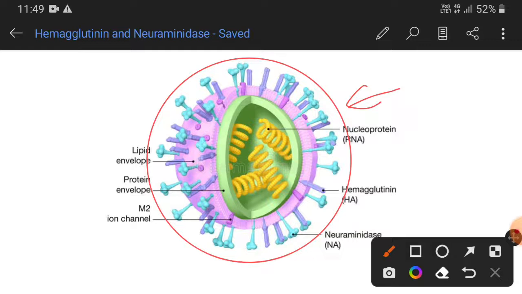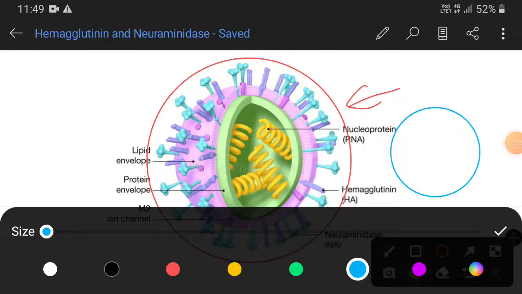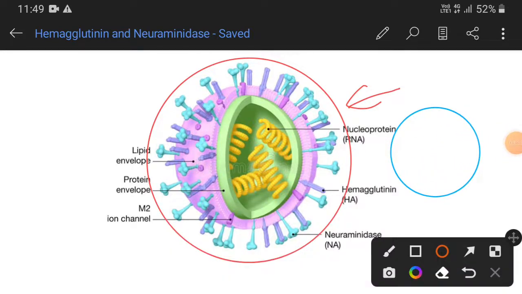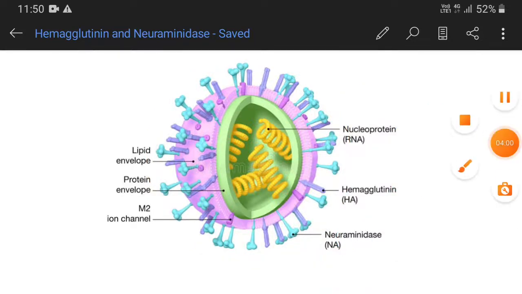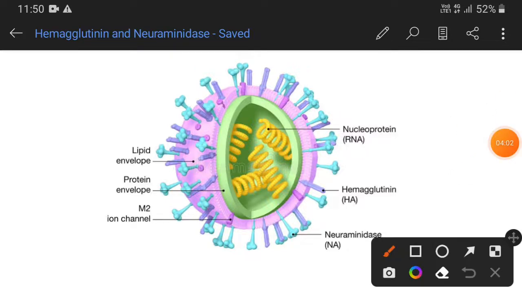Now the lysosome will come, which contains, let's say, digestive enzymes and let's say some acidic interiors.